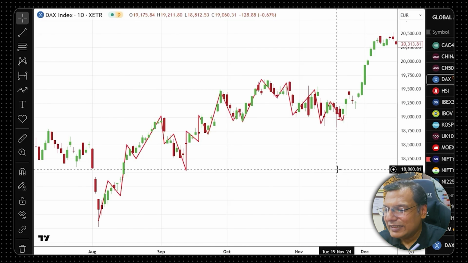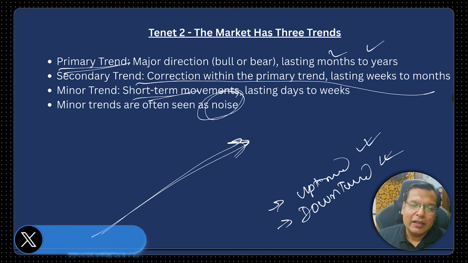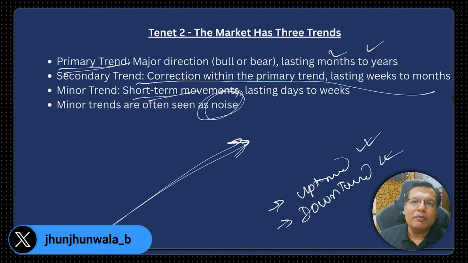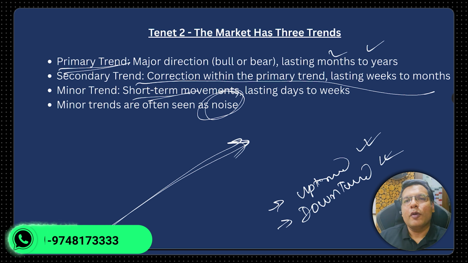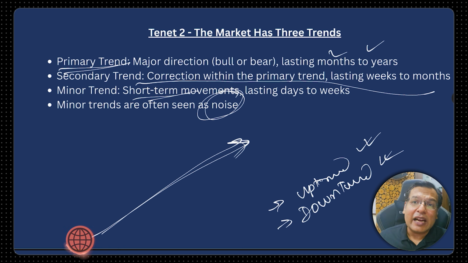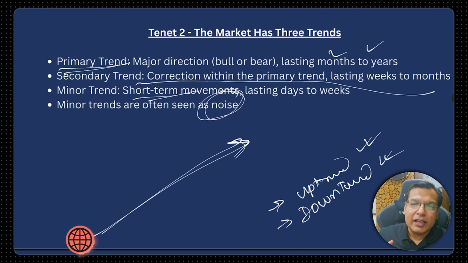These are called minor trends, and these minor trends are more of noise. They create more noise, they create more chaos. They are day-to-day activity that generally uninformed traders do. They are more affected by news. They are more affected by third-party information.